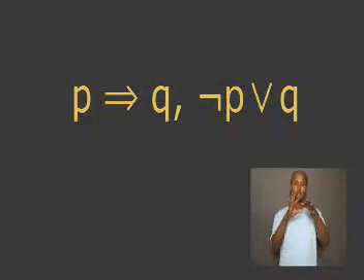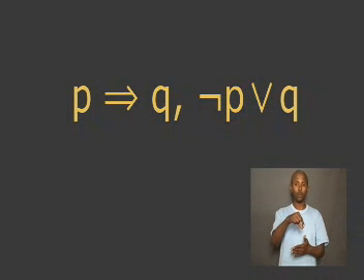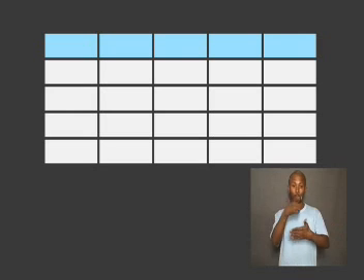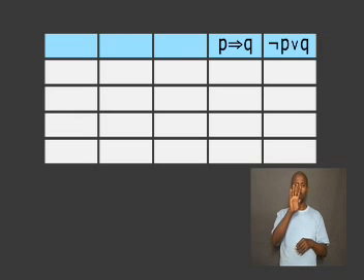We will make a truth table for this compound proposition: if P then Q, not P or Q. Our table must have 4 rows to account for all possible combinations of truth value. It must also have 5 columns, 1 for each statement and 1 for each connective.